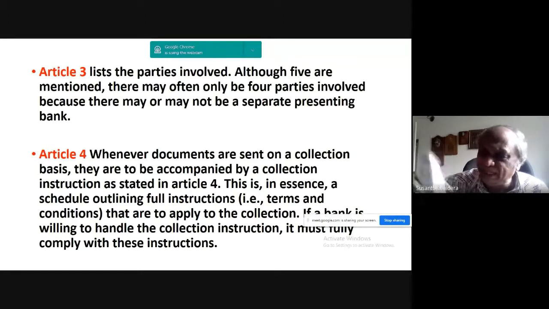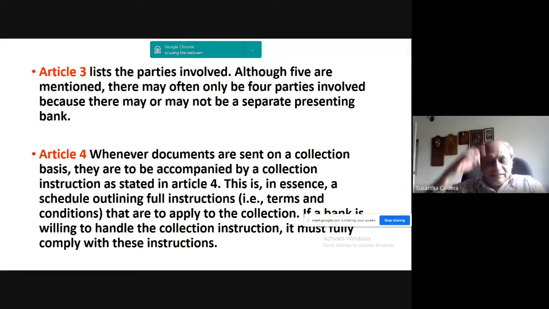Some banks are unheard of, and they don't have many trade finance specialists in their banks. So when their customers send the collection instructions in a covering letter, they accept.